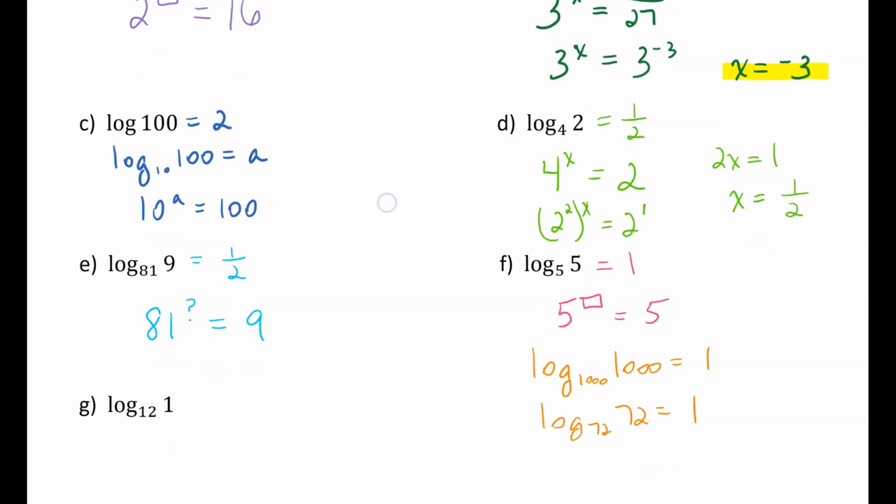This is one of the log properties that we want to remember. Log base b of b. If your base is the same as your argument, what will the log always be equal to? 1. So I want to remember that property.